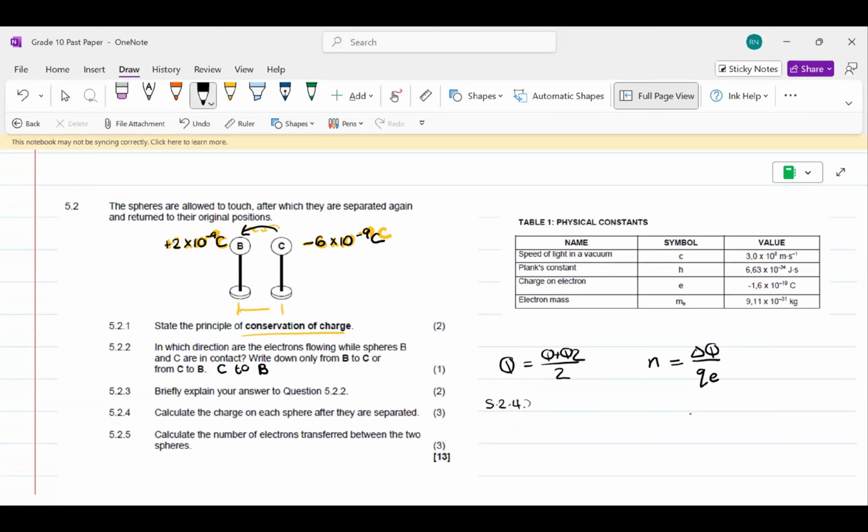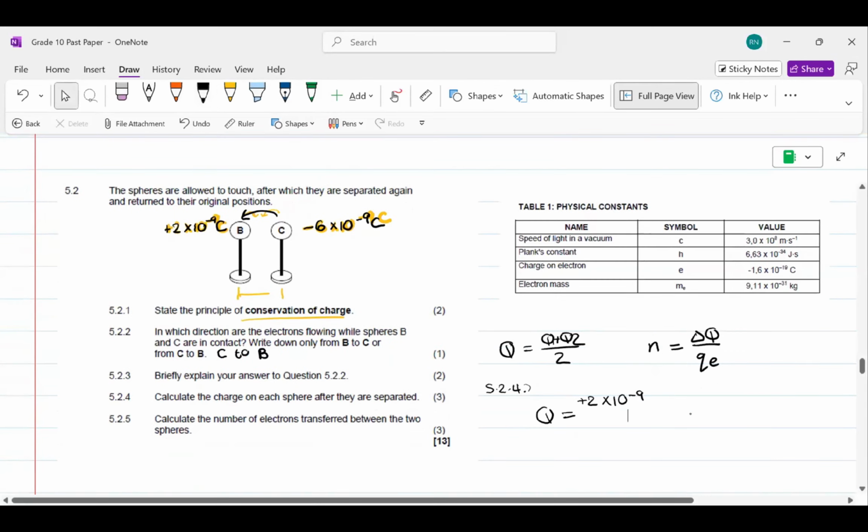Okay, so to calculate this, we're going to use this formula over here, which says that Q is equal to Q1. So Q1 would be, we can choose whichever one we want. We're going to say this is +2 times 10 to the power of -9. And then we're going to add Q2, but that Q2 is a negative, so it's just going to be -6 times 10 to the power of -9, over 2.